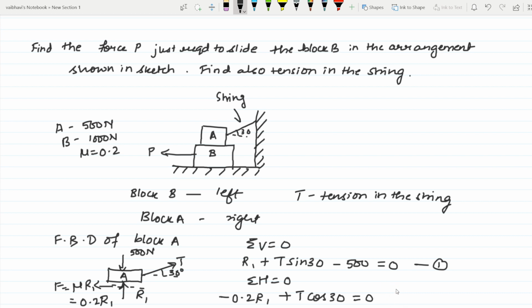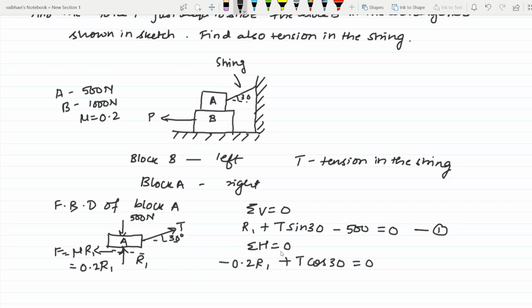So R1 equals T cos 30 divided by 0.2, which is 4.33 times T. Let this be equation 2.